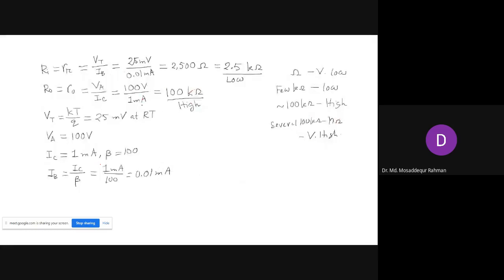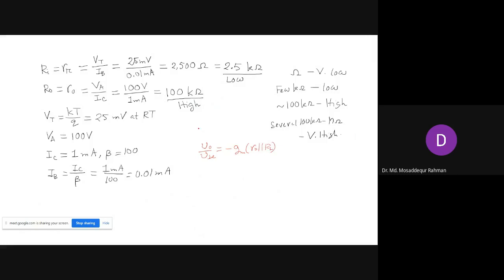that's what we talked about, input and output resistances. Now let's see about the gain. What is the gain? The main gain part for the common emitter amplifier was the gain from base to collector, V naught by V pi, which was gm times R naught in parallel with RL.